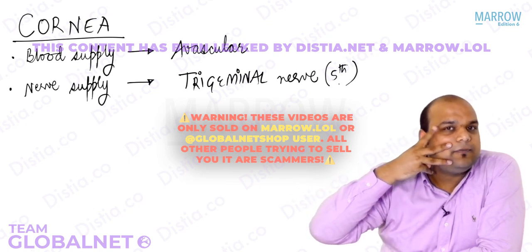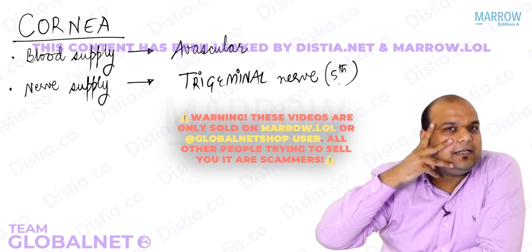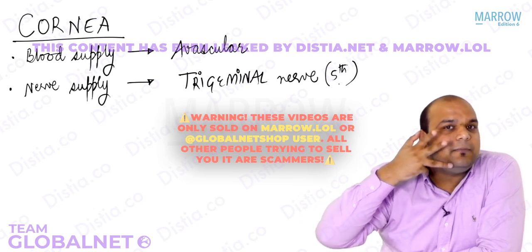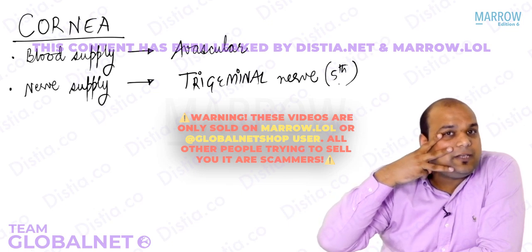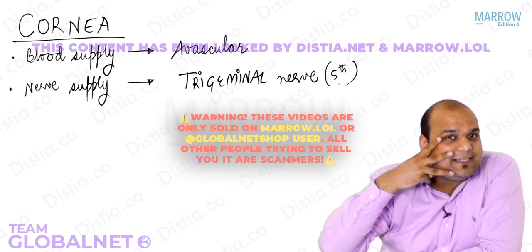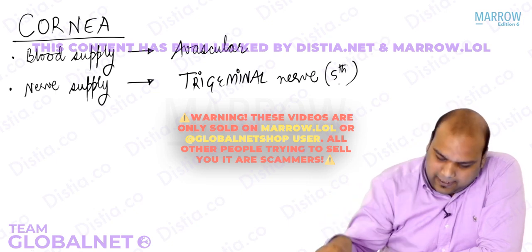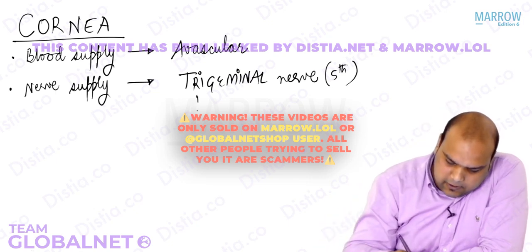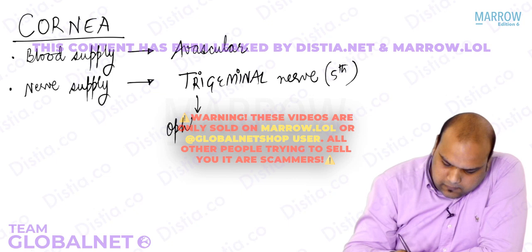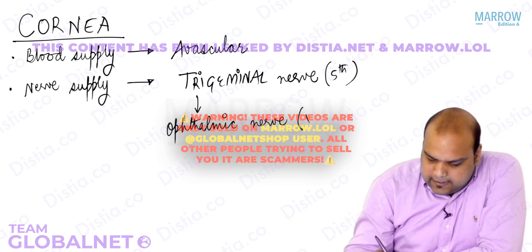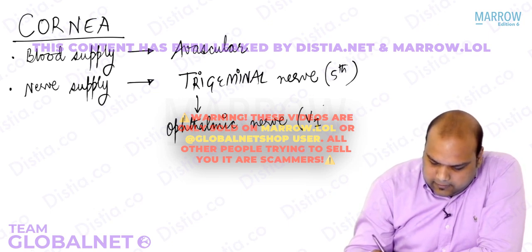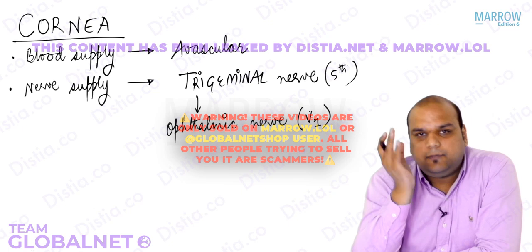Number one, ophthalmic. Number two, maxillary, because it is the maxillary bone. And number three, mandibular, because it is the mandibular bone. Now, there should be no confusion about which branch of the trigeminal nerve will supply my eye. Ophthalmic nerve. At a lot of places denoted as V1, first branch of the fifth nerve.